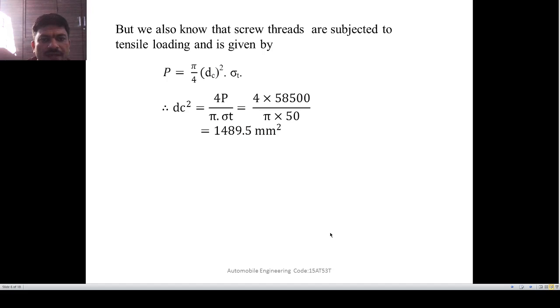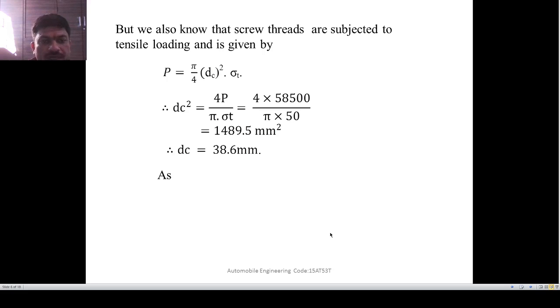Therefore we are getting nearly 1489.5 mm square. This is the value of dc square, but we want dc. Taking the square root of 1489.5, we get 38.59, so the root or core diameter is 38.6 mm. Proceeding further, we have to find the nominal diameter of the bolt.